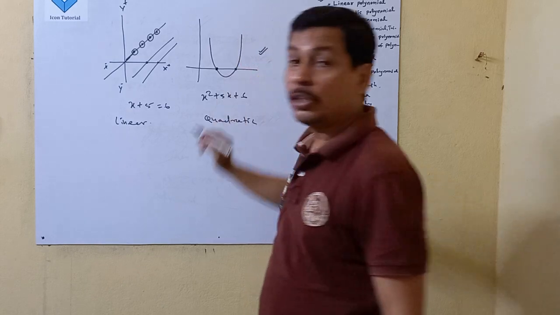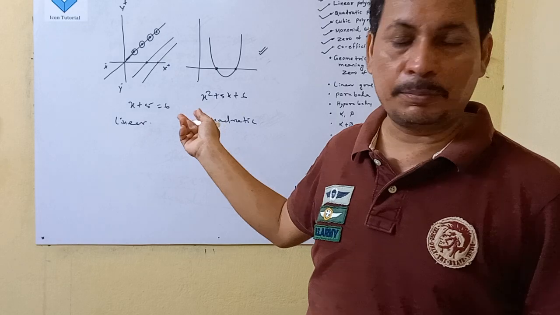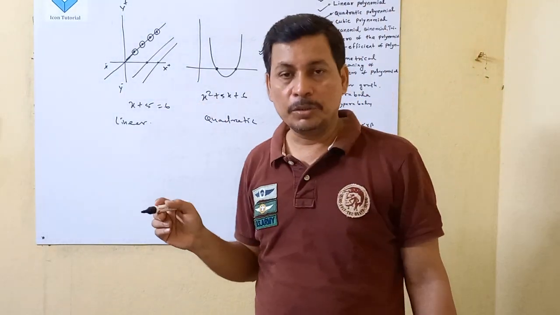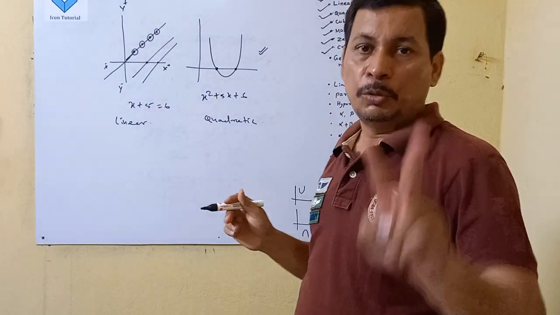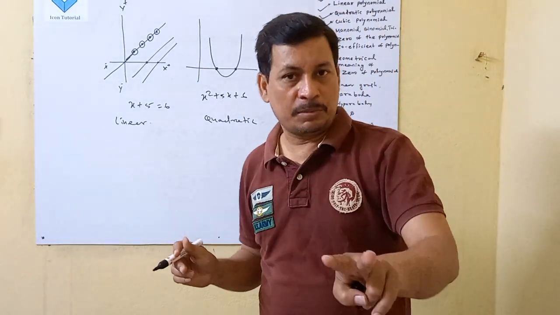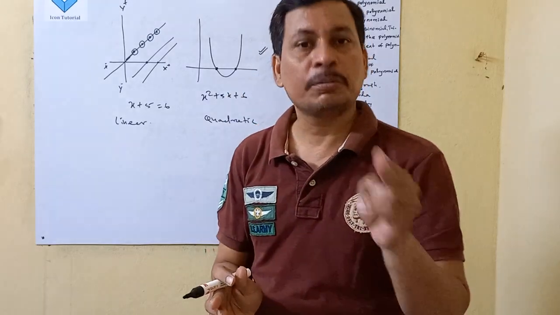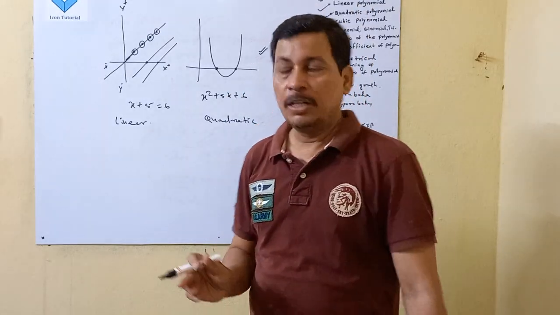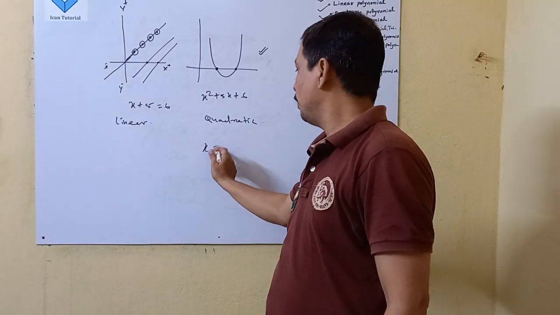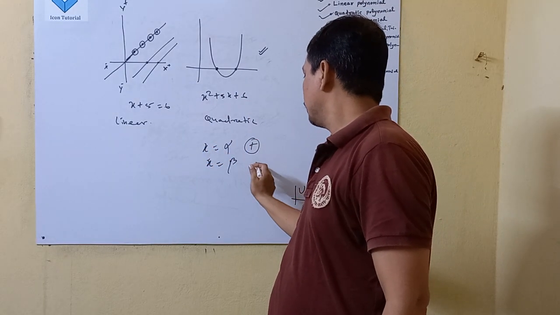Look at here. When you draw the graph in this picture from this polynomial, after putting the values, you will get two values of zeros. If there is a quadratic polynomial, the x values may be plus, may be minus, just like alpha and beta. So x value may be alpha, x value may be beta. This may be positive, this may be negative.